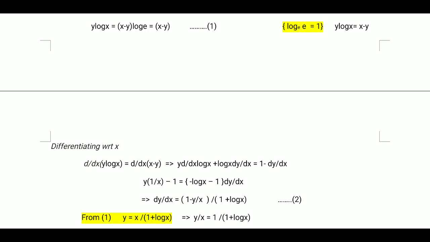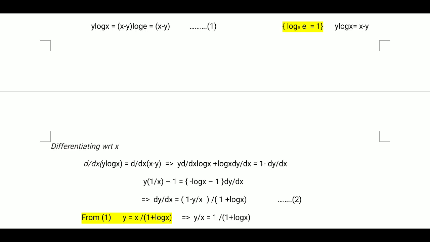Applying the product rule on the left side, that is y into d upon dx of log x plus log x into dy upon dx, is equal to the differentiation of x, that is 1, minus dy upon dx.